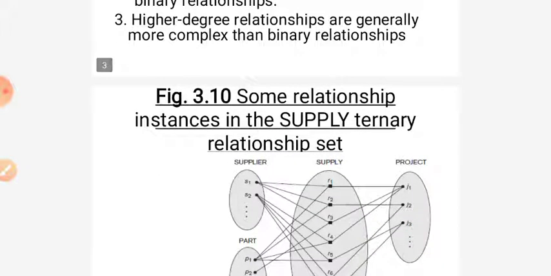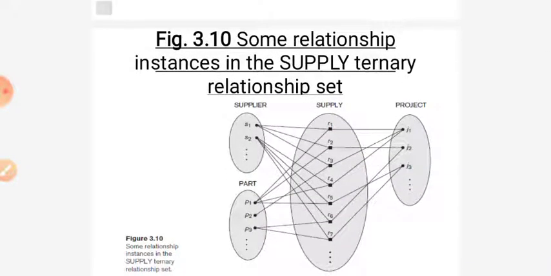Students, now we will consider the diagram of relationship instances in the supply ternary relationship set. As you can find here, there are four ovals. Two towards left, one towards right, and in between one big oval. So the left side ovals represent the sets of suppliers and parts, the right side oval represents a set of projects, and the middle set represents supply.